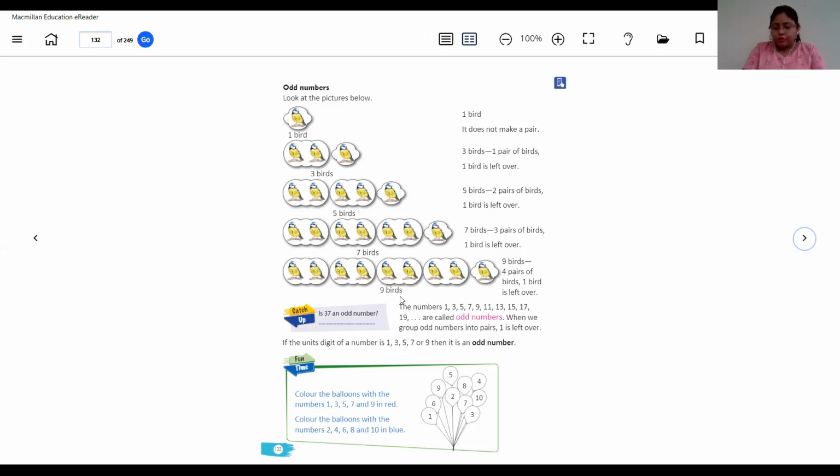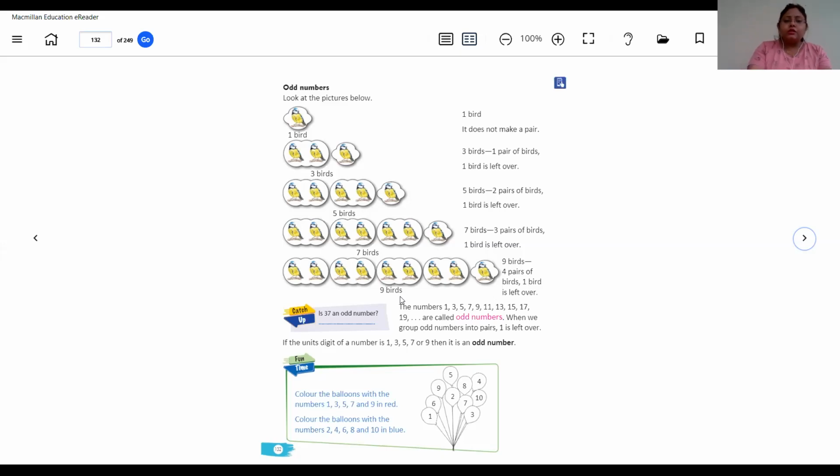Suppose I have some pencils. When I want to pair the pencils, I make one group, two groups, three groups, four groups, but one pencil is left over. So that's why this bundle is an odd number. Is it clear to everyone?